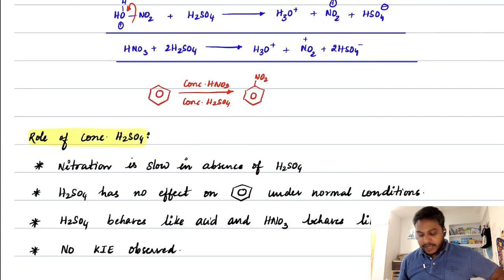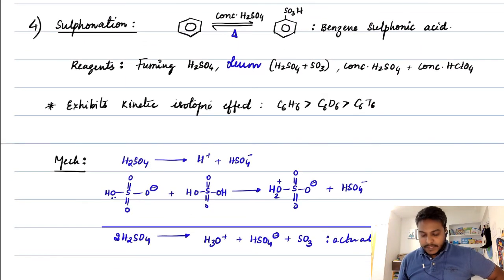H2SO4 behaves like an acid and HNO3 behaves like a base. And there is no kinetic isotopic effect observed here. That is a special point, not a point of concentrated H2SO4. Clear? So these are the main pointers you need to remember about nitration of benzene.